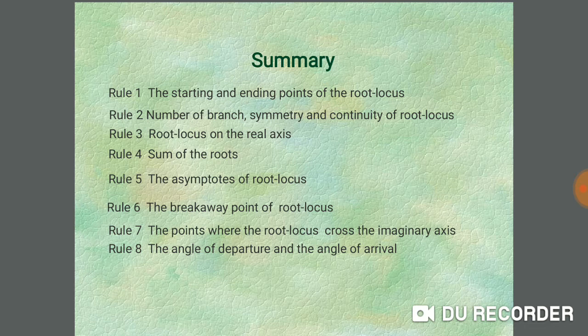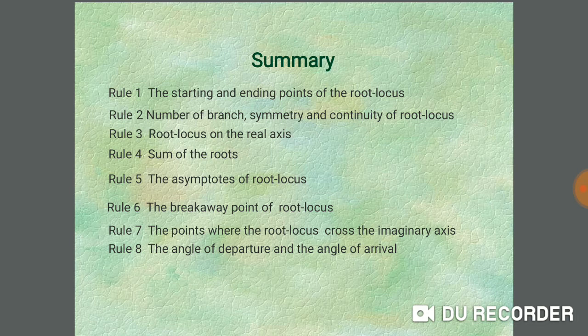The first rule is the starting and ending points of the root locus. Rule number 2 is the number of branches, symmetry and continuity of the root locus. Then the third is the root locus on the real axis. The sum of the roots we are supposed to calculate.